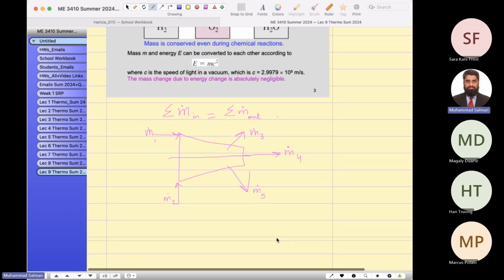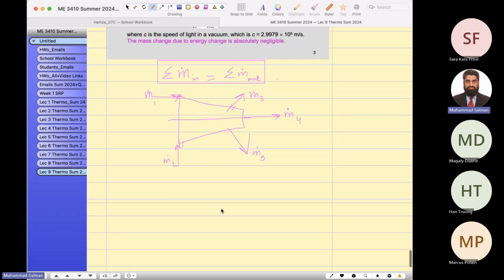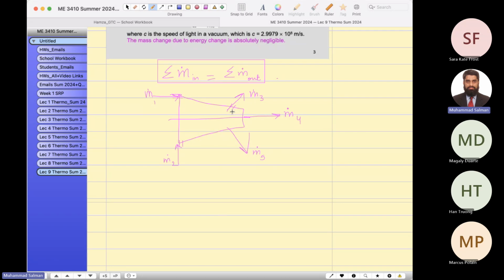When I apply this mass conservation principle, these are the ports, the openings. Some openings allow the fluid to go inside the device. Some openings are meant for exhaust.